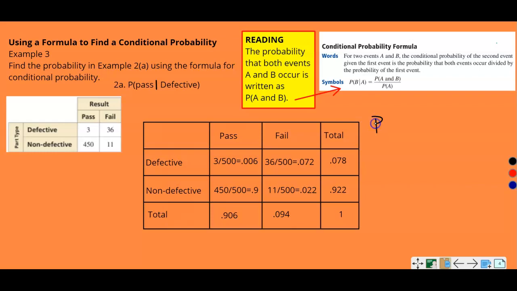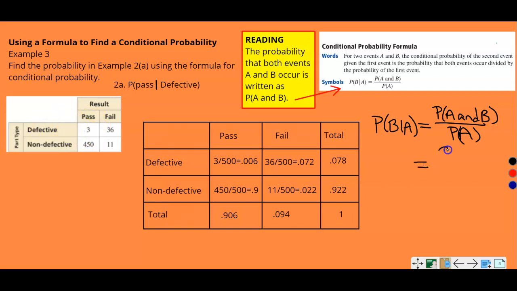Again, the formula is P of B given A, and that's going to be the probability of A and B over the probability of A. If we want the probability of A and B, pass and defective, 3 passed and are defective.